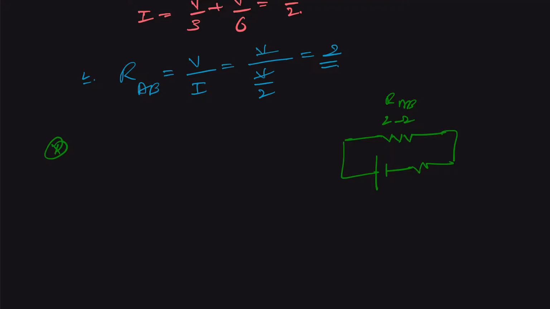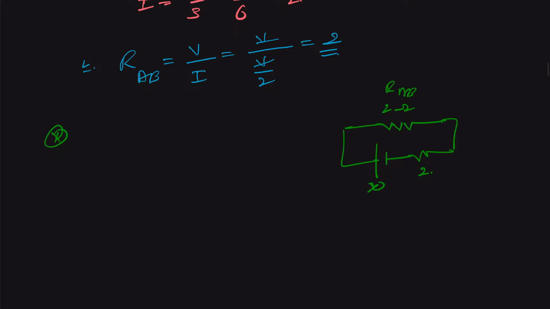So this is our 20 volt and 2 ohm resistance, and therefore we can find out R equivalent of this circuit. R equivalent will be equal to our 2 ohm, that is our RAB, plus RS. It comes as 2 plus 2, which gives us 4 ohm.